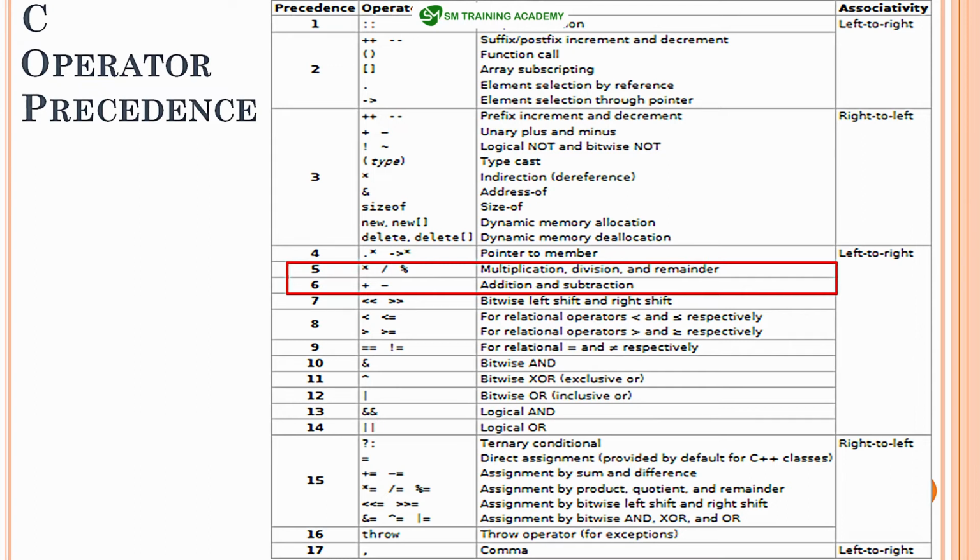So here the concept is, lower the precedence value, higher will be the priority of execution. So here we have multiplication with the precedence value 5 and addition with the precedence value 6. So multiplication has lower precedence value when compared to addition. So first the multiplication will be executed and then the addition operation will be executed.